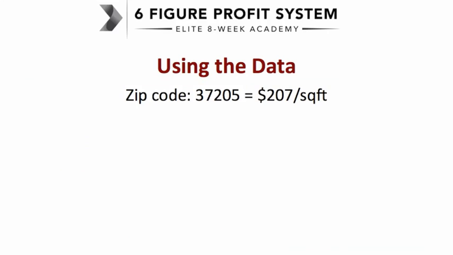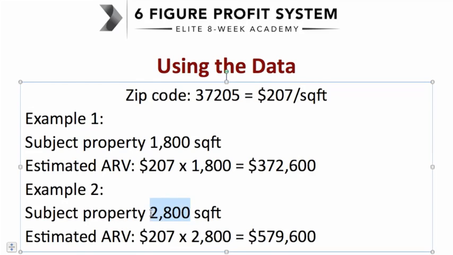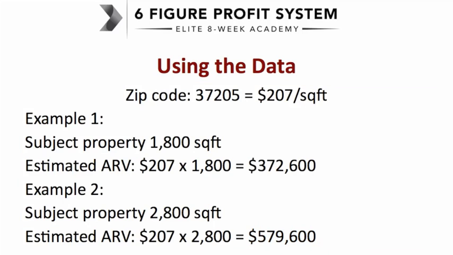See how that works? Let's look at another one. 37205 has a value of 207. So a 1,800 square foot home in that zip code, 207 times 1,800, is 372. And a 2,800 square foot home in that same area, 2,800 times 207 a foot, is 579. Really understanding how to do your research by price per square foot is another way of looking at values within a market.